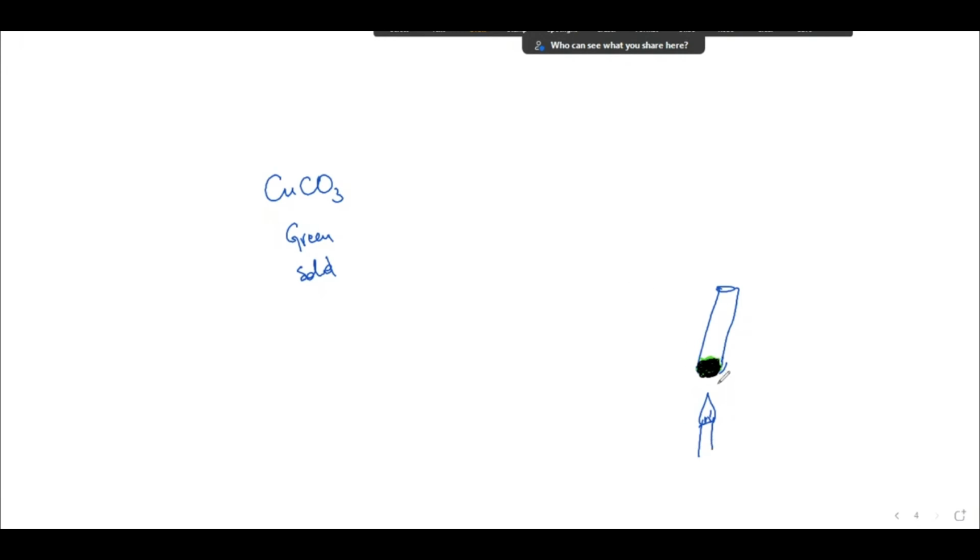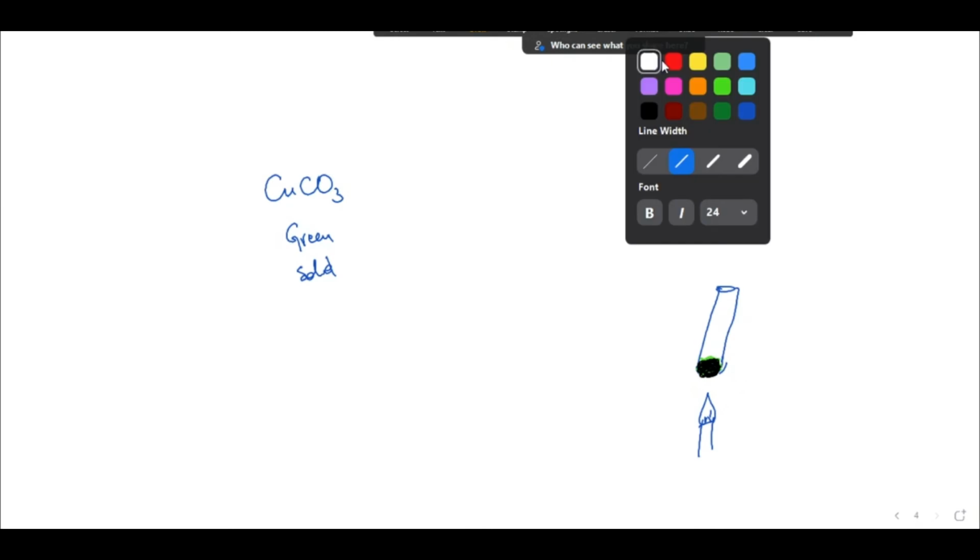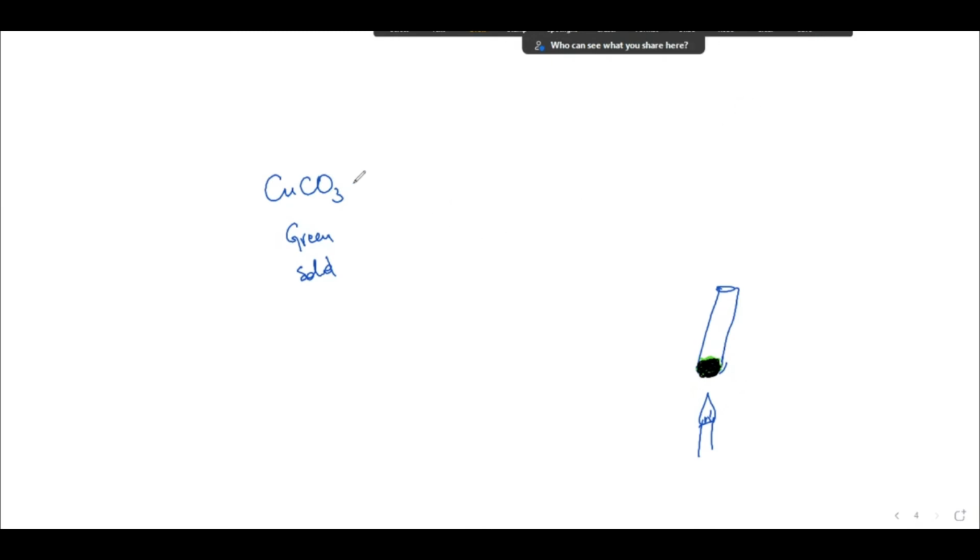Okay, and what is this black color substance formed here? If you see this reaction, copper carbonate on heating gives copper oxide plus carbon dioxide. So this copper oxide which is formed here is a black color substance.